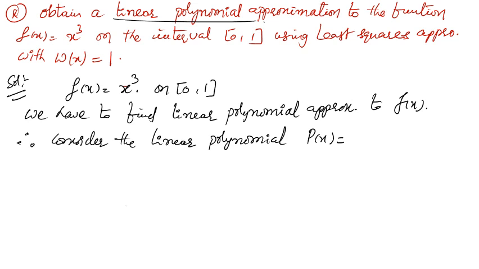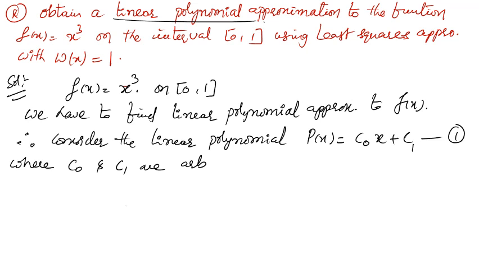P of x equal to c0 x plus c1, equation 1, where c0 and c1 are arbitrary parameters.